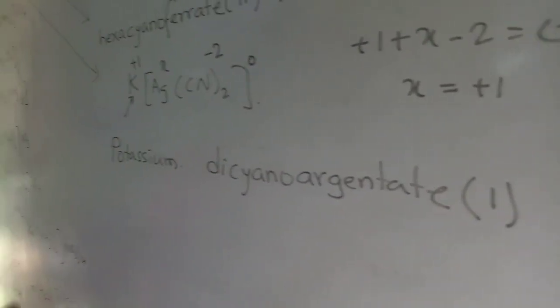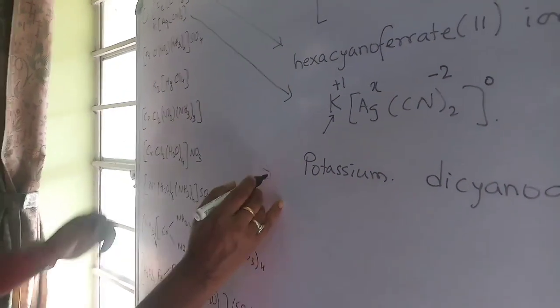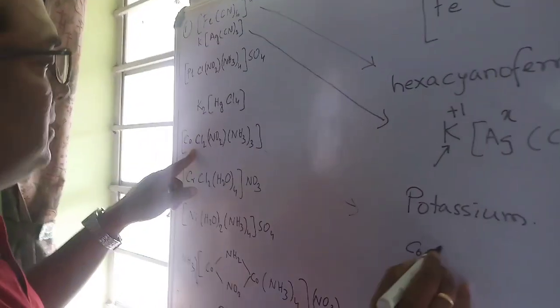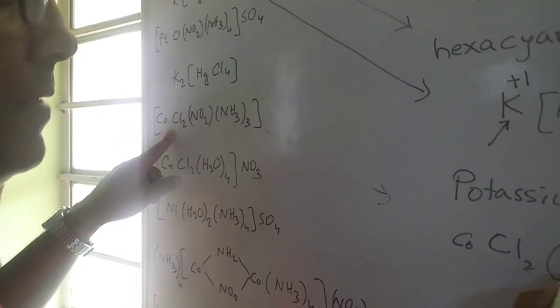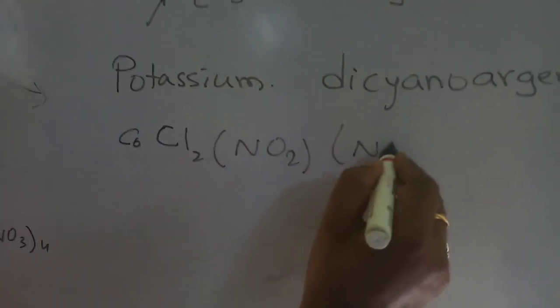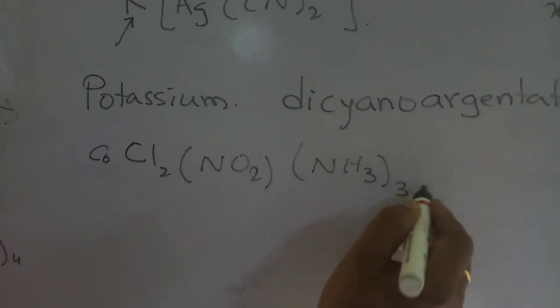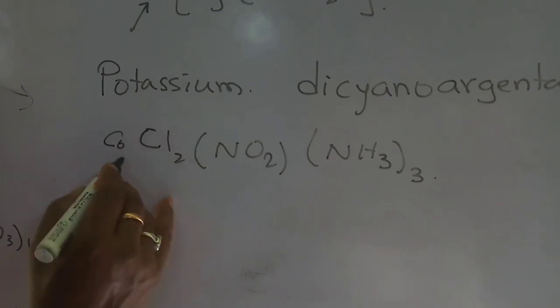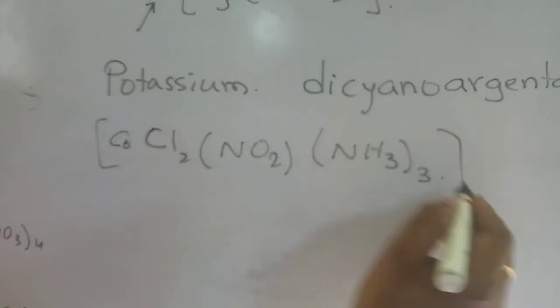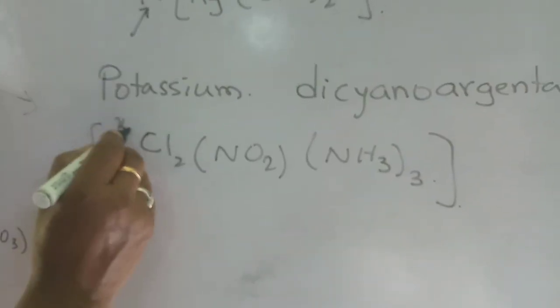Students, when we go for such big complexes, let us see one with cobalt, chloride, nitro and amine. What is the oxidation number here? Let us take X, minus 1, and 0.